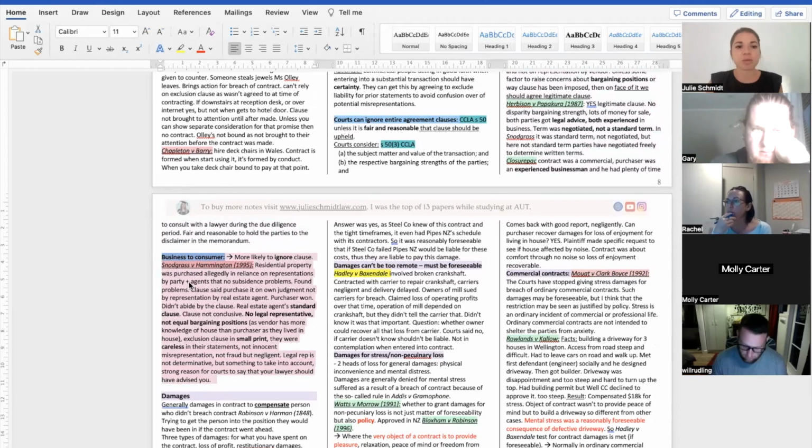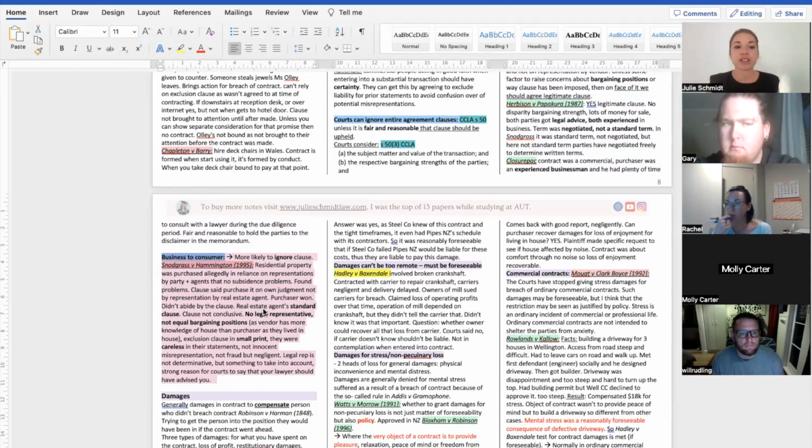There was residential property purchased in reliance on representations made by the party and the agent that there were no subsidence problems. They later found the problems, and the clause said, purchase at your own judgment, no representation made by a real estate agent counts, and so on. And the purchaser won.